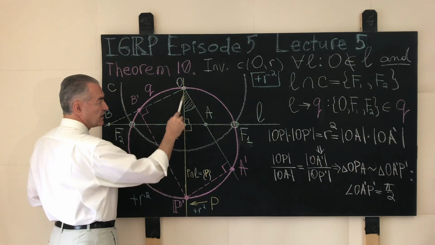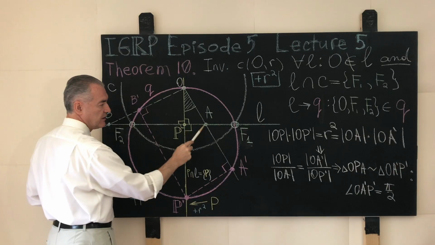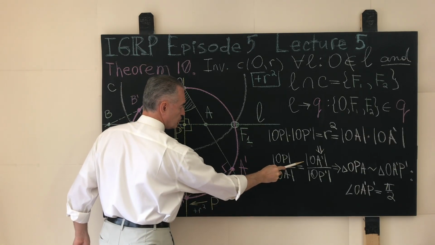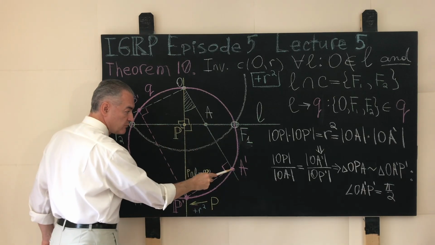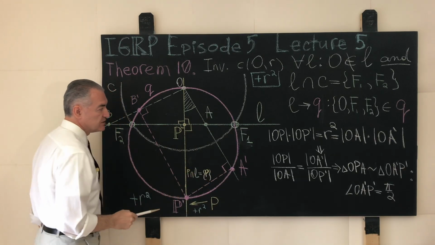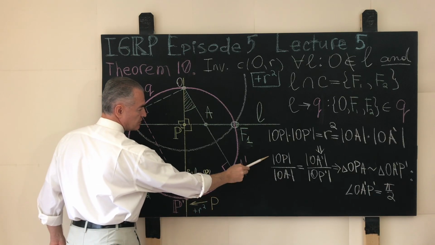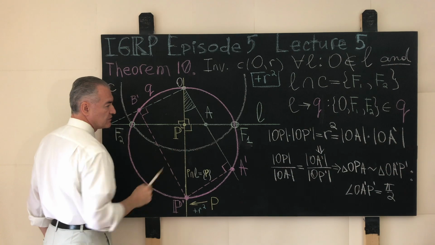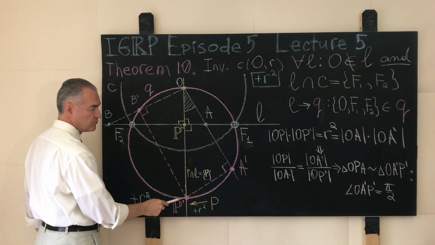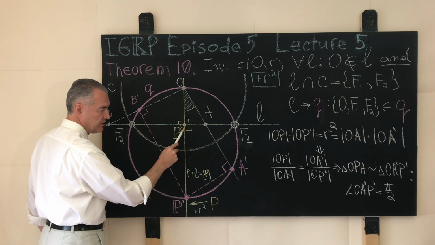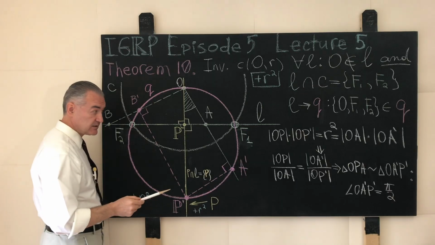But the side OP in the right triangle OPA, OP corresponds to which side in this proportion? To the side OA prime. And the side OA corresponds to which side in the triangle? OP prime, which means that the side AP corresponds to the side A prime P prime.